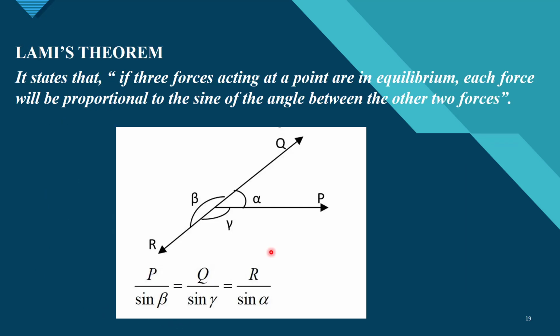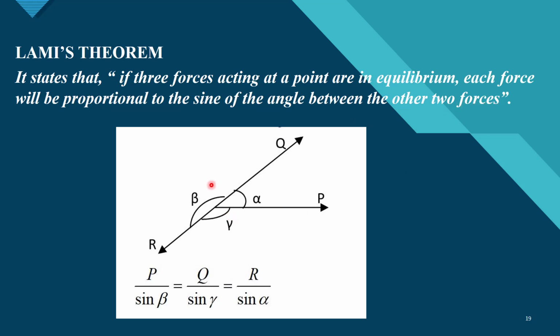Now the last topic is Lami's theorem. What is Lami's theorem? If there are 3 forces acting at a point, and if the system is in equilibrium, then each force will be proportional to sine of the angle between the other 2 forces.